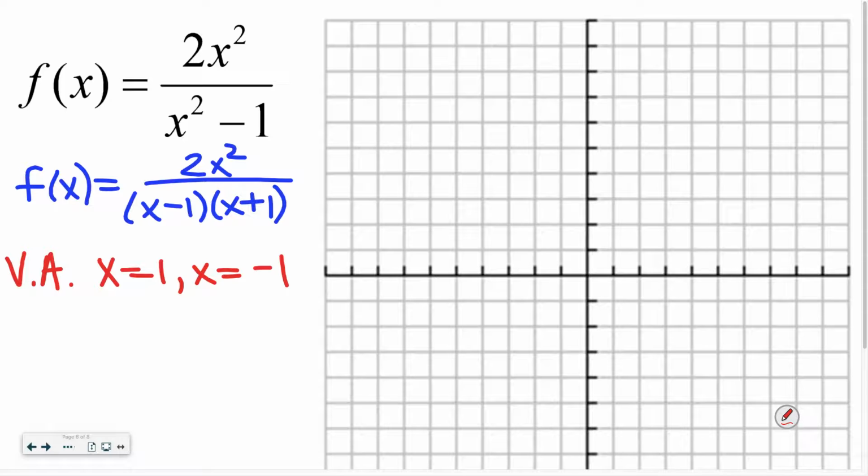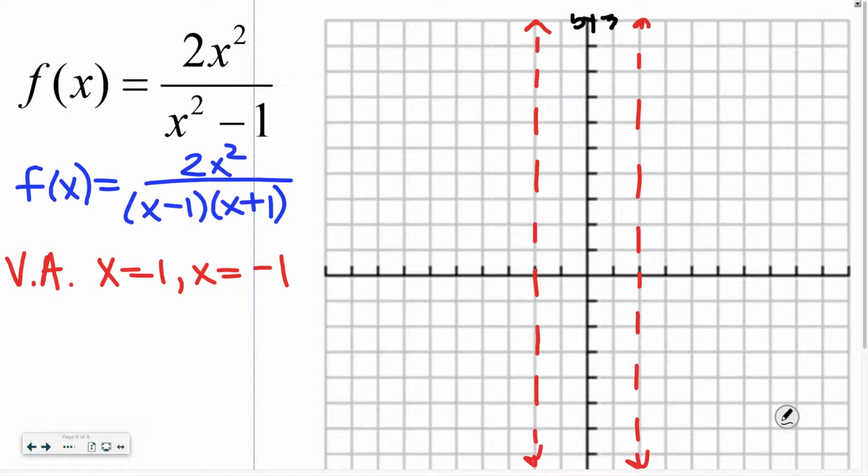And because I know what this graph looks like, I'm going to go ahead and up here so you can get a better picture of what's going on. I'm going to count by halves. Okay. That'll just be easier for me.